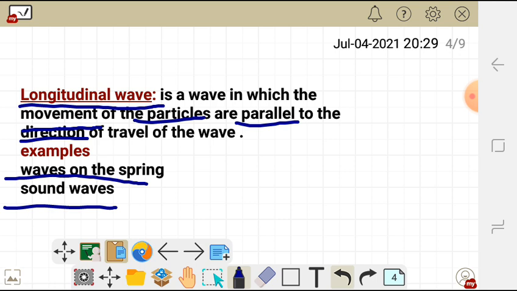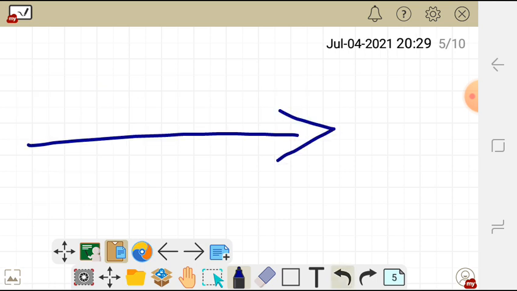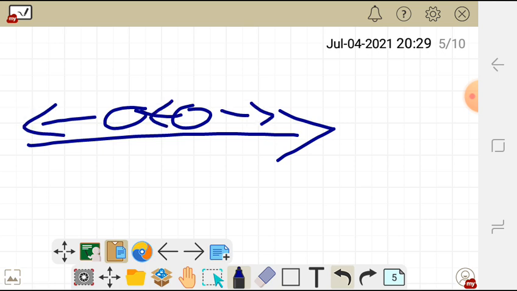Here, the particles move parallel to the direction of the wave. For example, if a wave is traveling in one direction, the particles in that medium, which can be a liquid or gas, move parallel to the direction of that wave.